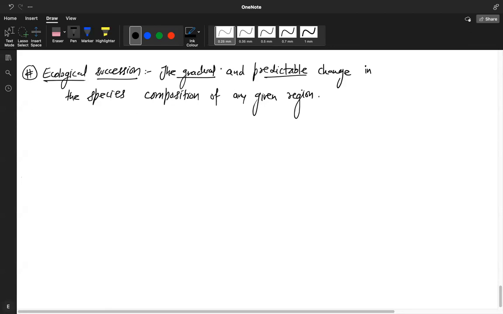So primary succession, let's write some points, write down. Primary succession starts in a region where no living organisms were there.